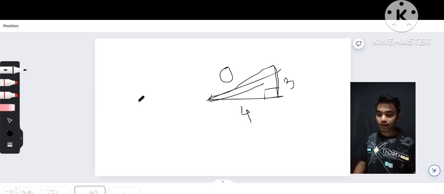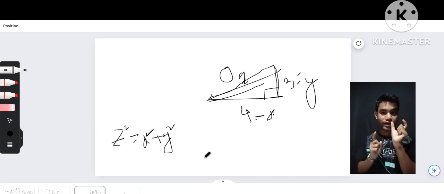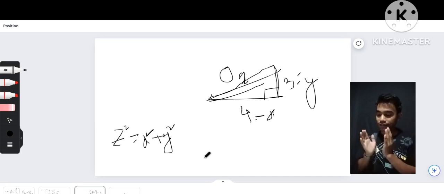Let's say this base is x and this one is y, and the one we have to find is z. The Pythagoras theorem says z square equals x square plus y square.